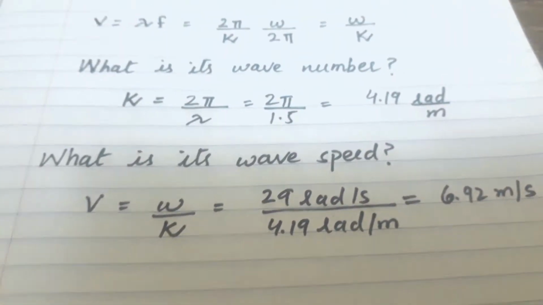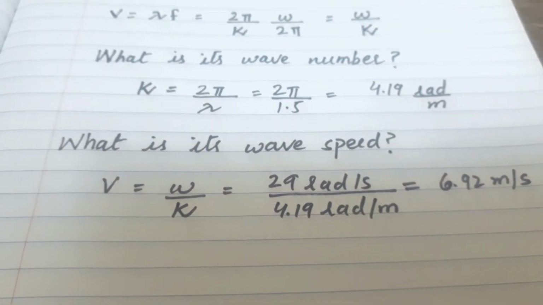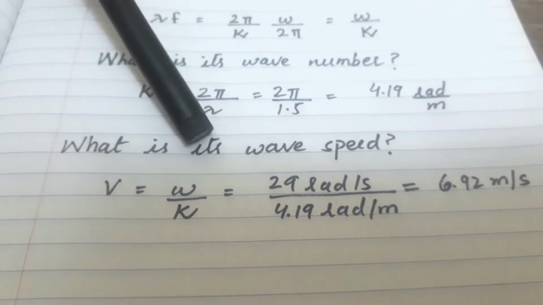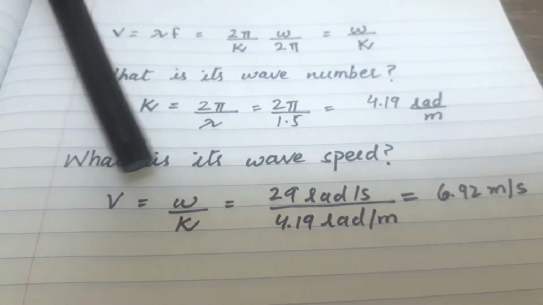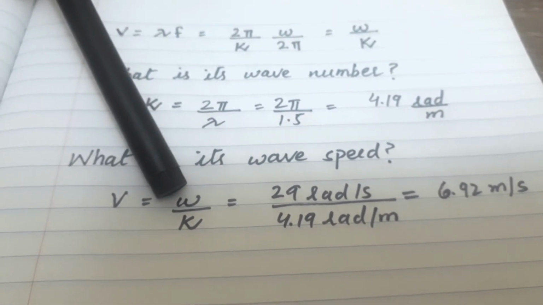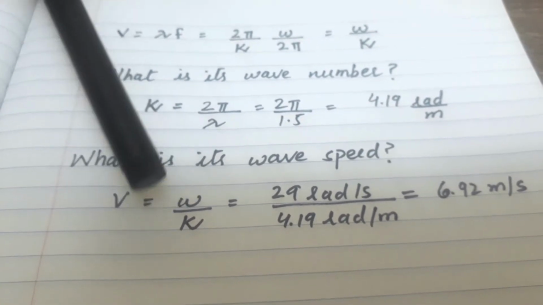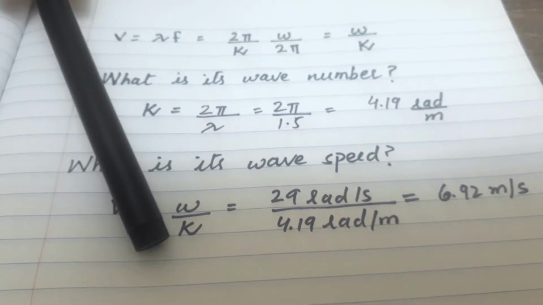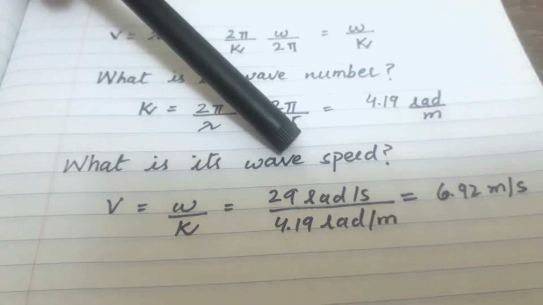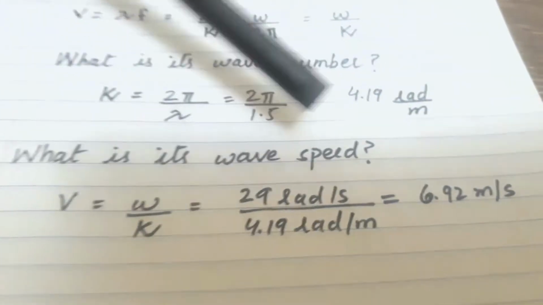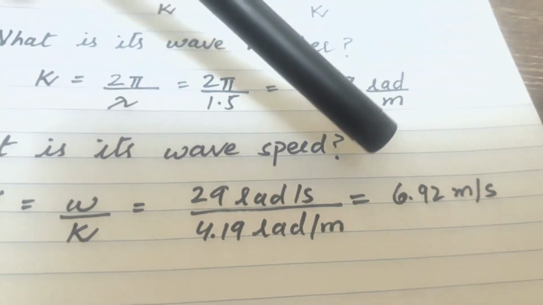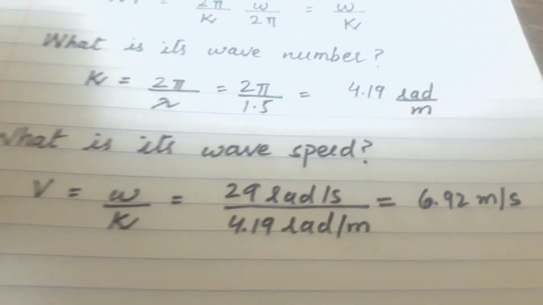And similarly, I can calculate the wave speed by using my values for angular frequency divided by the wave number. Just plug in the values and I get my speed, which is 6.92 meters per second.